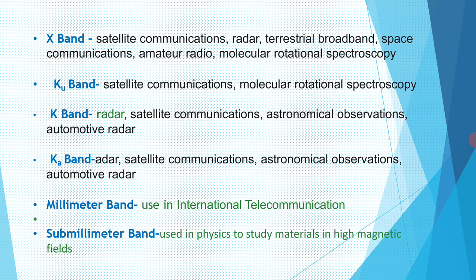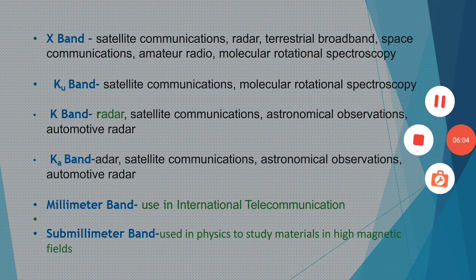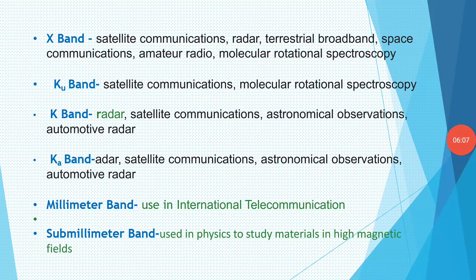X band is used for satellite communications, radar, terrestrial broadband, space communications, amateur radio, molecular rotational spectroscopy. Ku band is used for satellite communications and molecular rotational spectroscopy.